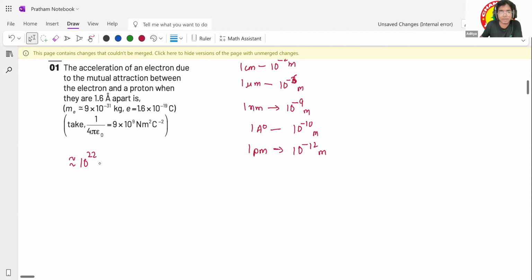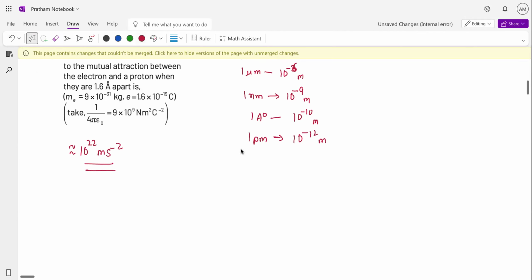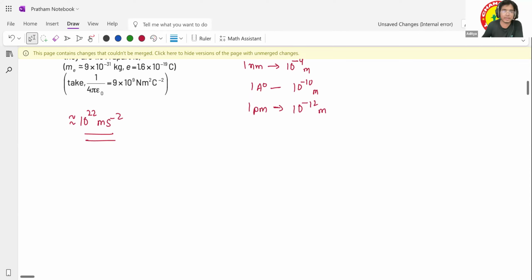And we are talking about acceleration, so I can say Newton. You want me to write the solution or it's fine? No, no, I got it. First we found the force, then we applied F equal to m a. Calculate the force. Acceleration equals F by m.